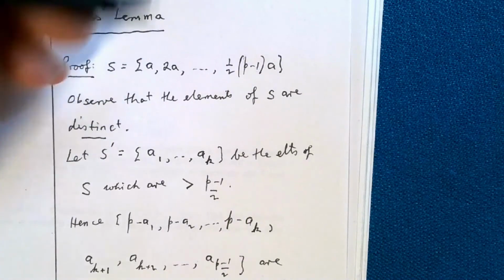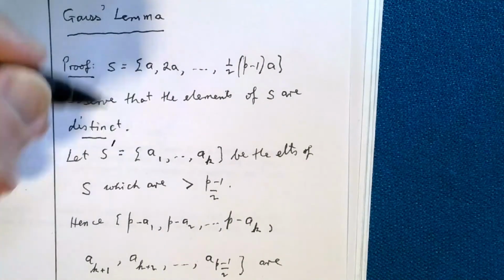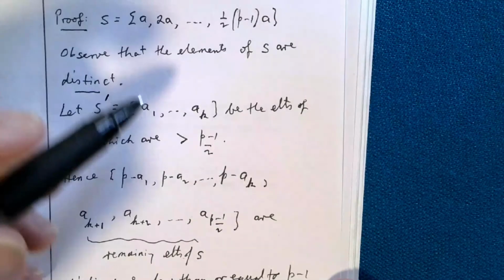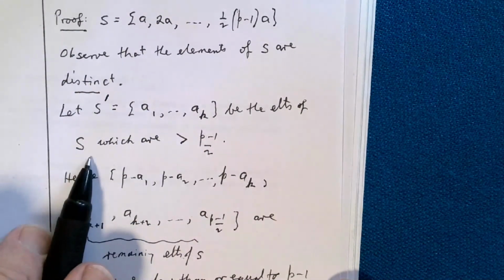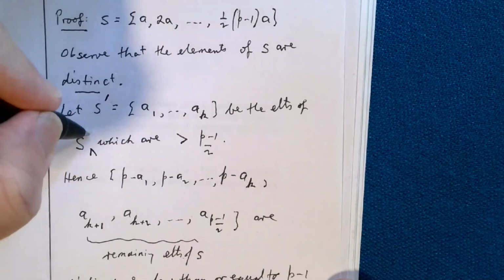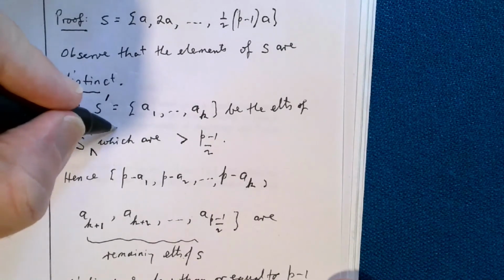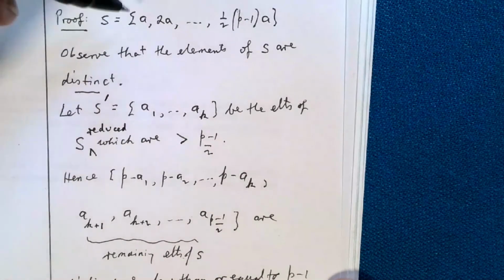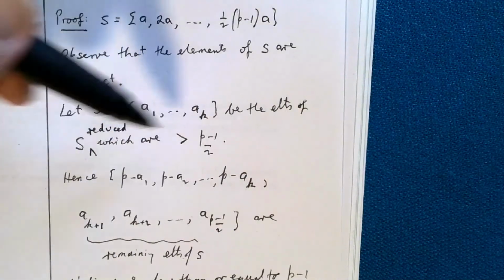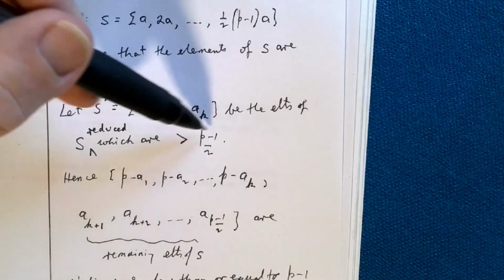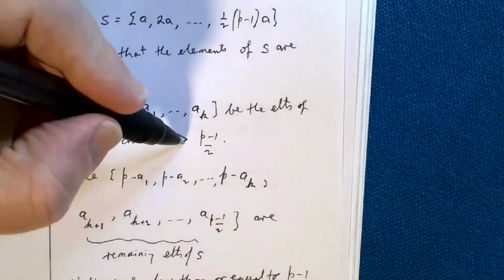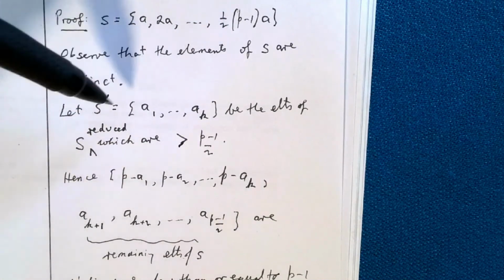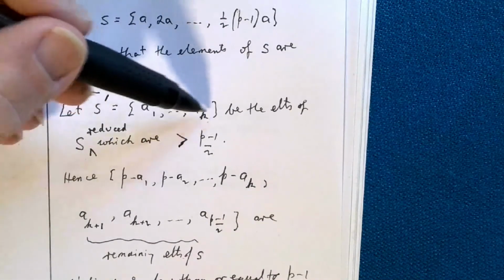So we let S dashed be the set a_1 up to a_k. These are the elements of S reduced, I suppose I should say here, which are bigger than (p minus 1)/2. And of course our aim is to prove that the Legendre symbol (a over p) is (minus 1) to this mysterious k.